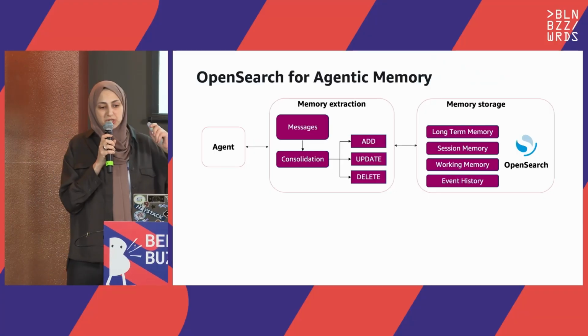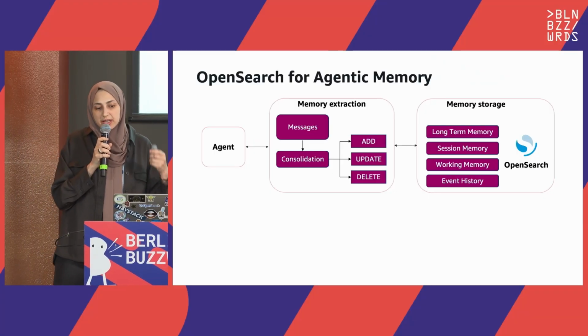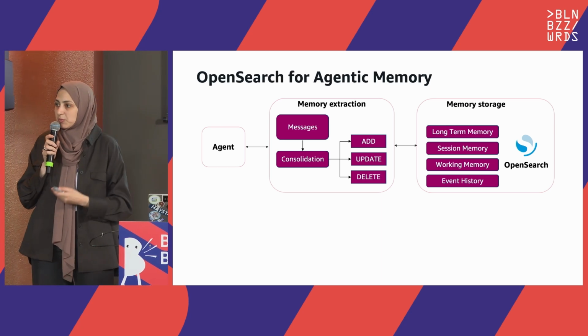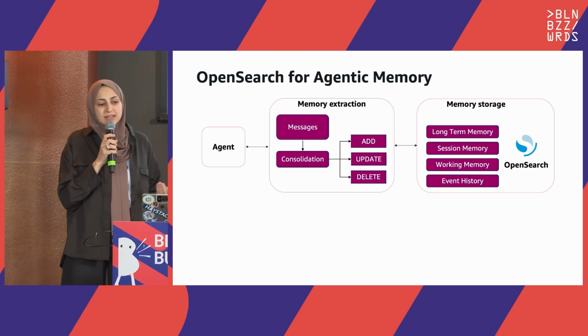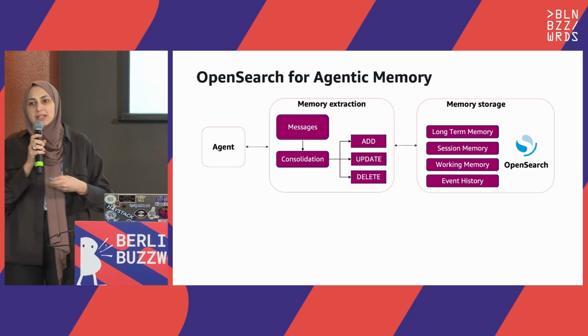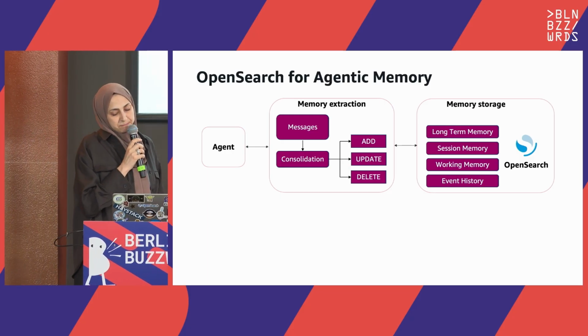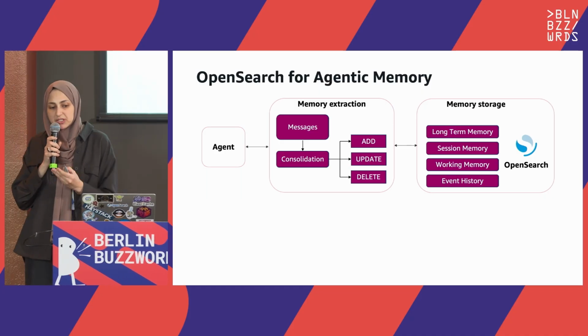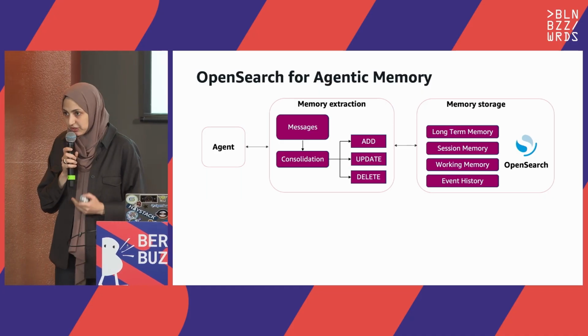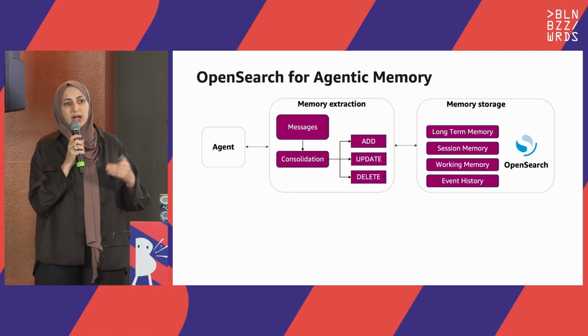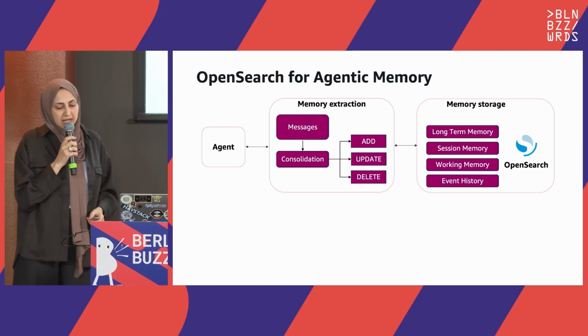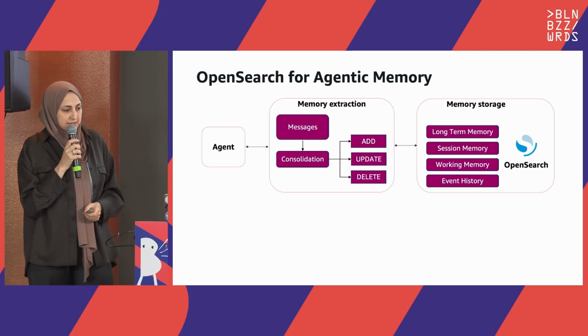And then OpenSearch provides the APIs to add new memories, update the memory, and delete the memory over time. And the agent can easily connect with these memories and write to it. Agentic memory in OpenSearch is a feature that has been released in 3.3, and we have new features coming in new releases.